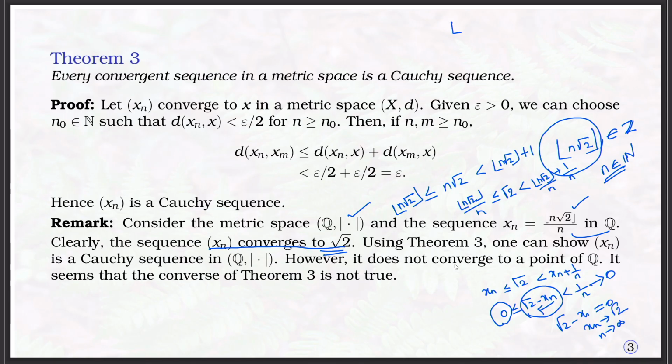Using theorem 3, one can show that xn is a Cauchy sequence, because if a sequence is convergent in a metric space, the sequence is a Cauchy sequence. So this sequence is a Cauchy sequence.